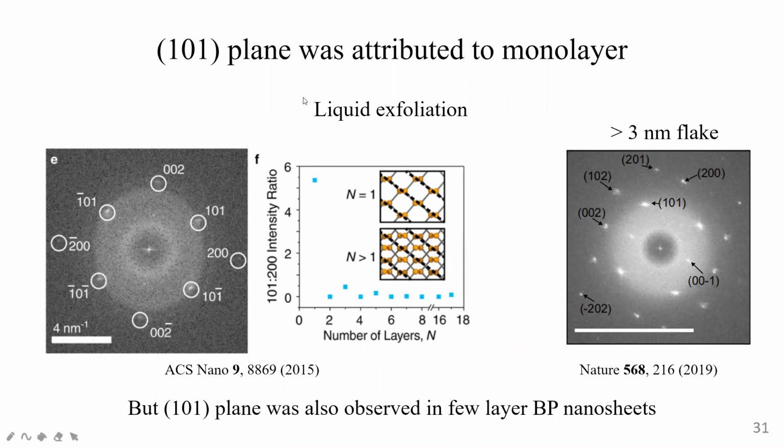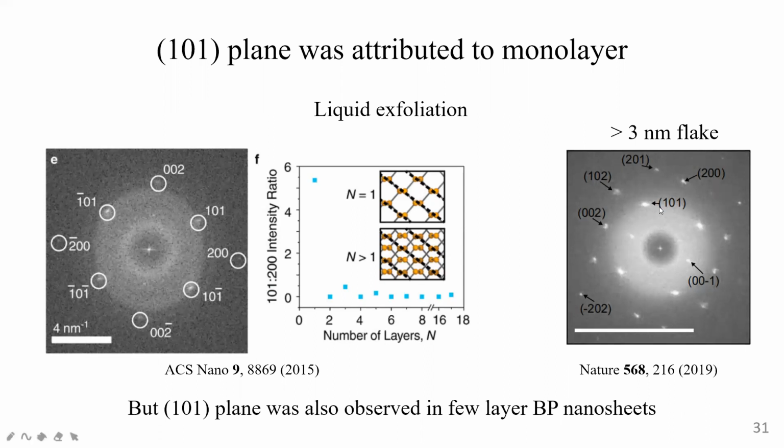And this plane was attributed to a monolayer, since they calculated that the ratio of 101 to 200 is very, very small for black phosphorus if the layer is more than one monolayer. For bulk, the value should be very small. The value only increases when black phosphorus is a monolayer.